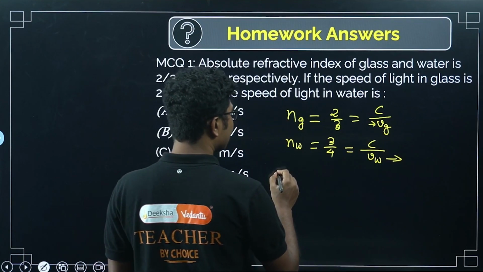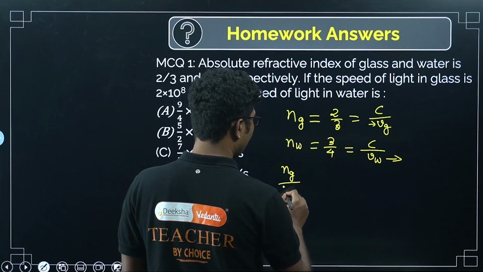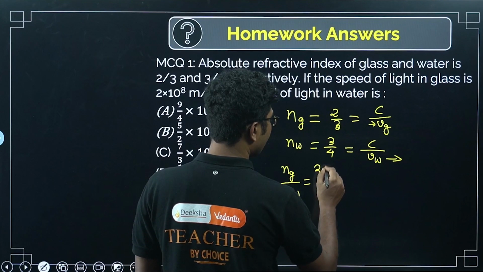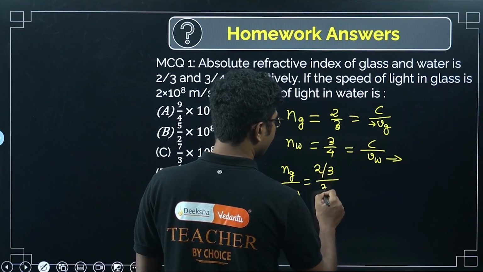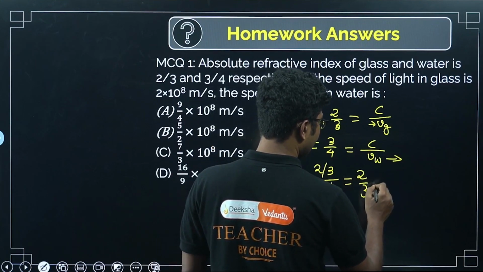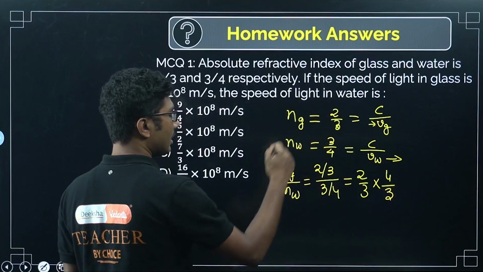So first, let us write Ng by Nw. Ng by Nw is 2/3 divided by 3/4, that is 2/3 multiplied by 4/3, right? So this will reverse.